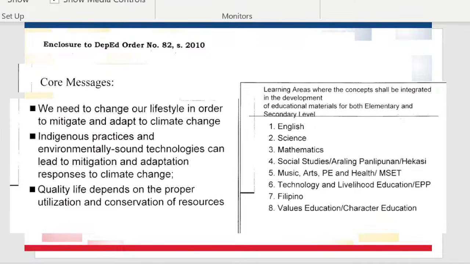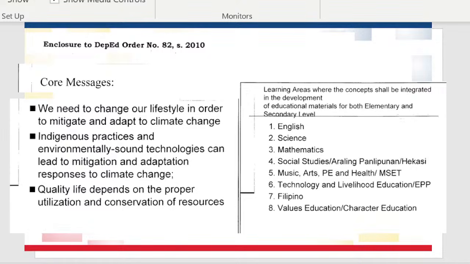So the core message is we need to change our lifestyle in order to mitigate and adapt to climate change. Indigenous practices and environmentally sound technologies can lead to mitigation and adaptation responses to climate change. Quality life depends on the proper utilization and conservation of resources.